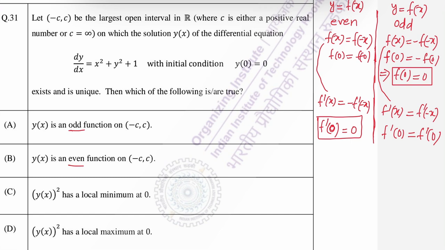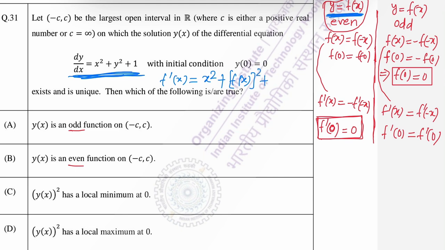So what did we learn so far? We learned that if f(x) were an even function, then f'(0) should be 0. Now if you see this one and this one, you will notice that this is nothing but f'(x) equals x squared plus f(x) squared plus 1.